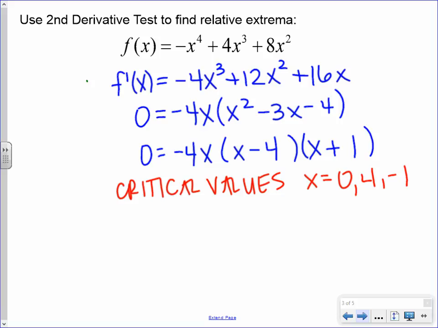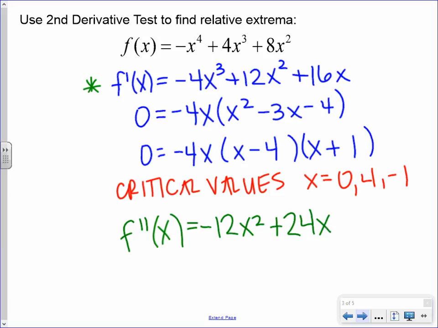So let's go back up here. Here's our first derivative. Our second derivative means we're taking the derivative of the derivative. That would be negative 12x squared plus 24x plus 16.